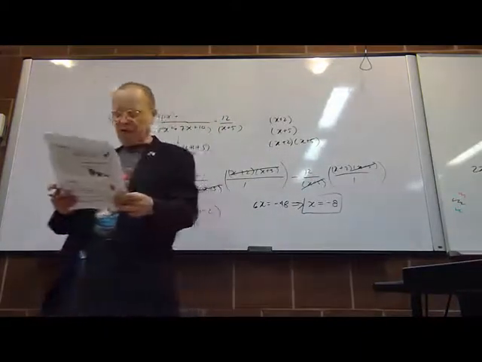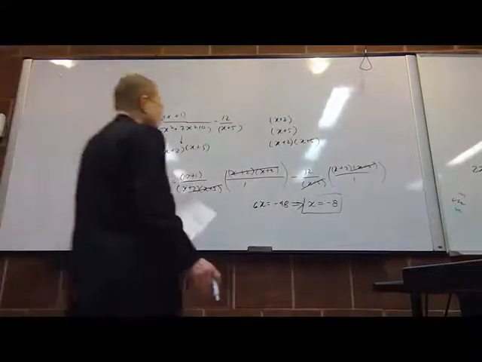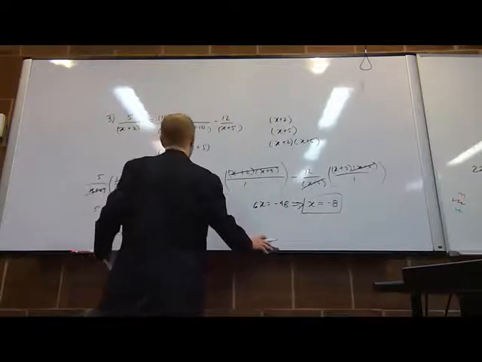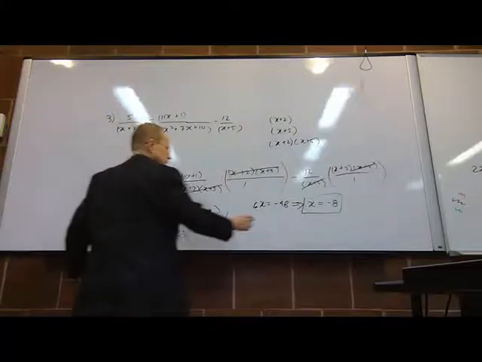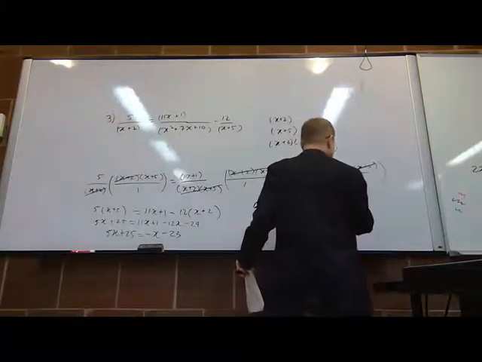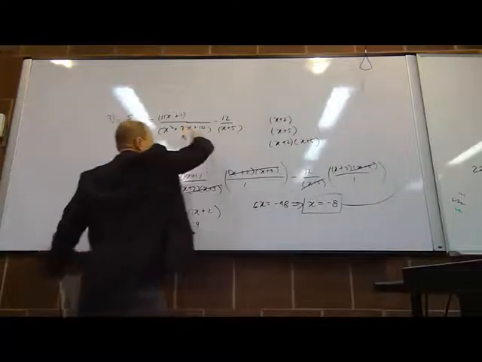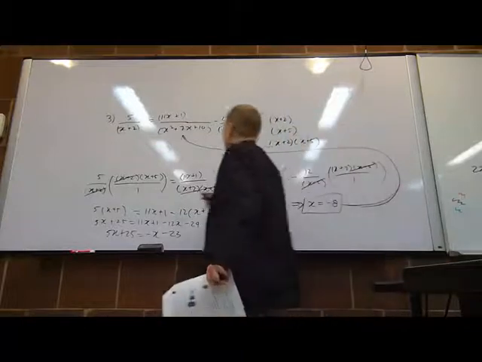So I'm going to leave that to the student, but what you want to do is go to your original equation where it looks like this, and take the x is equal to 8 and put it into your original equation.